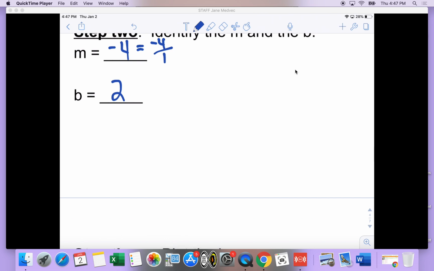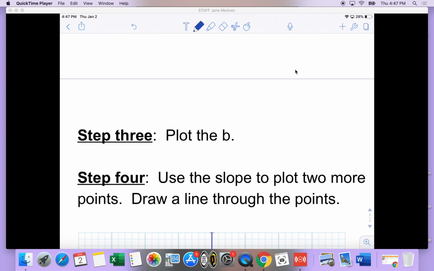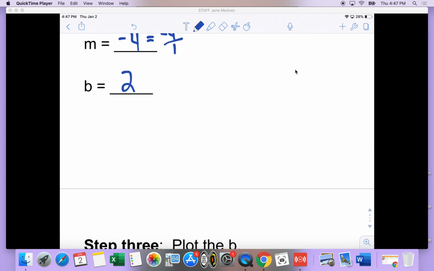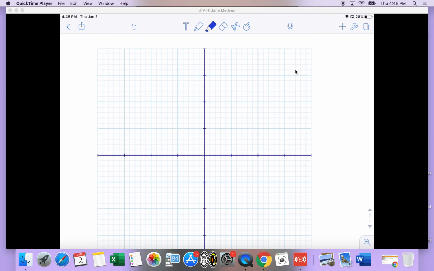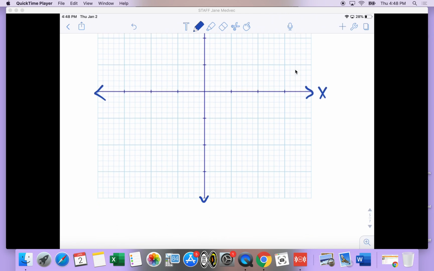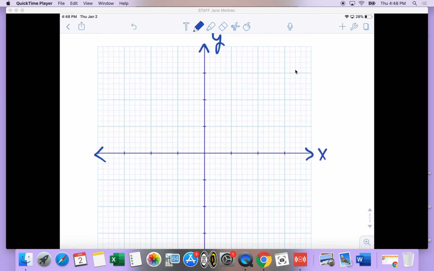The next step is going to be plot the b. So I'm going to take this right here, and I'm going to plot that first on my graph. So if you scroll down a little bit, you're going to notice I have a graph. Again, this is my y, this is my x axis. The x and y axes are kind of in the middle of the graph.